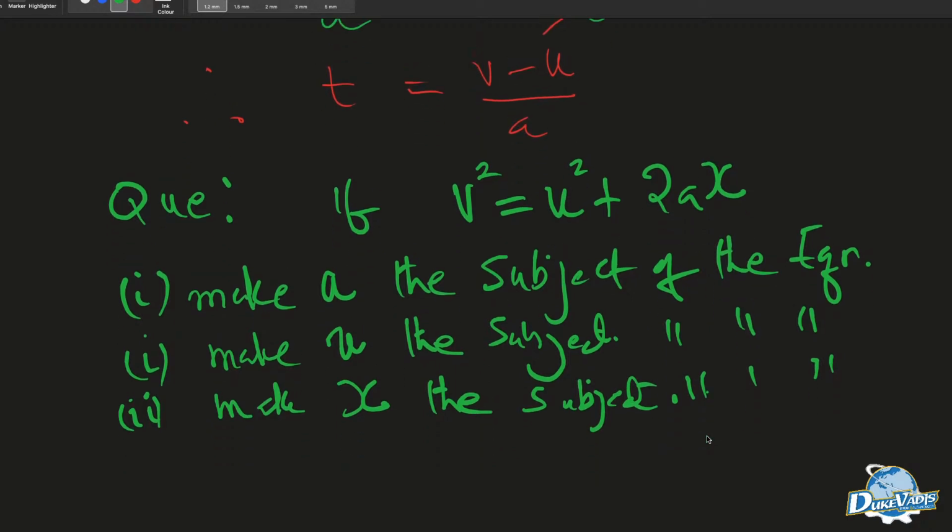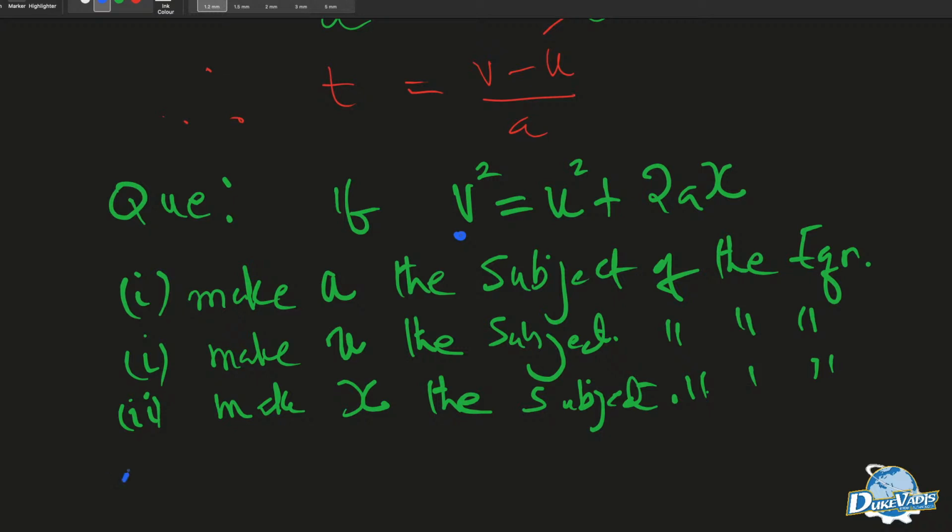Friends, it may look like it's difficult, but it's not. When we look at the equation, on the left-hand side, all we have is v squared. On the right-hand side, we have u squared plus 2ax.